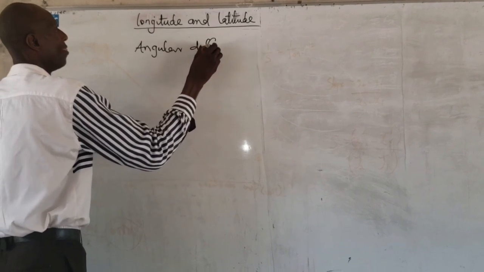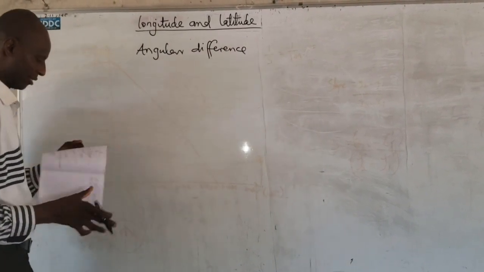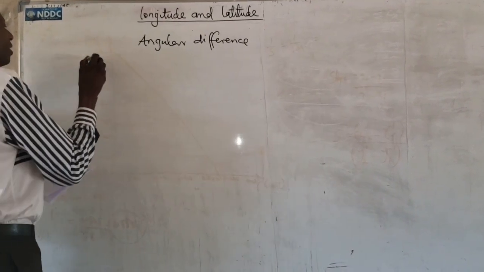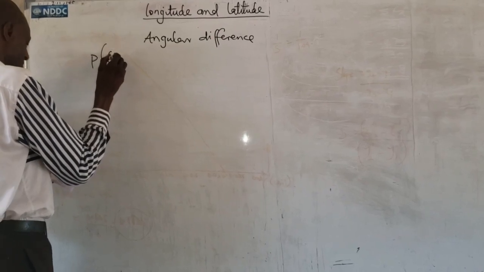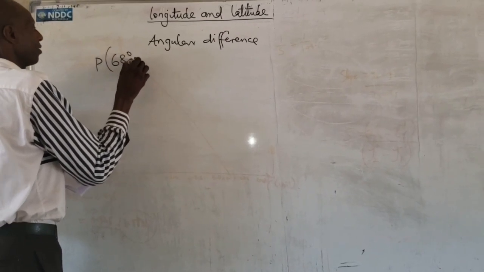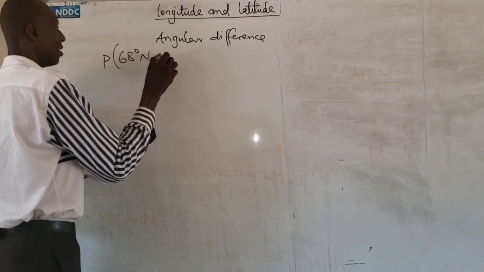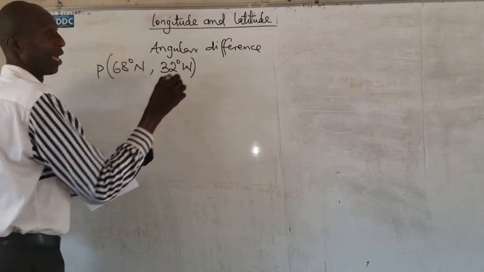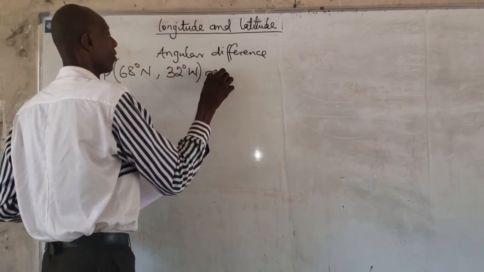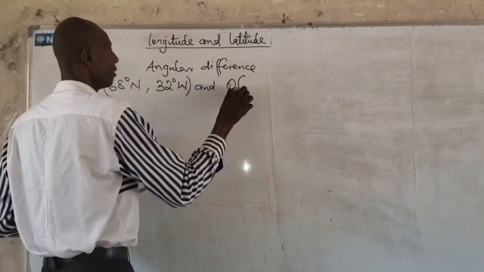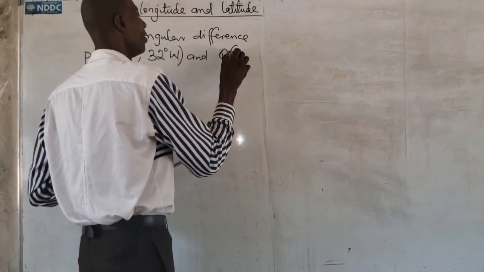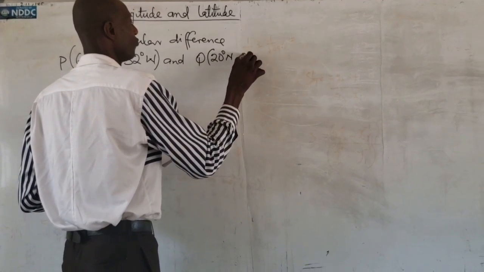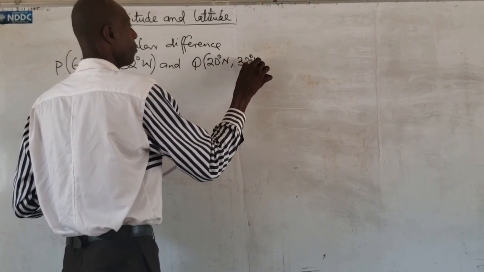Let us take P as latitude 68 degrees north, 32 degrees west, and Q is equal to 20 degrees north and 32 degrees west.